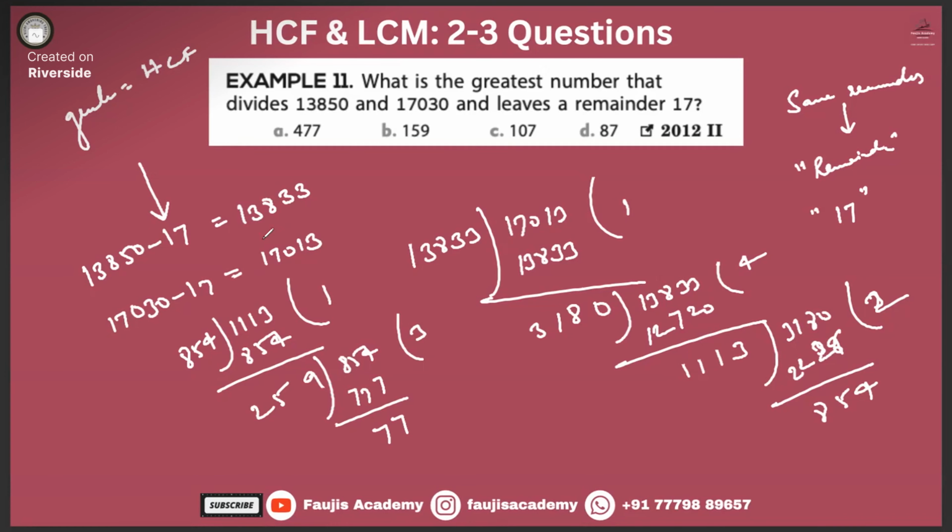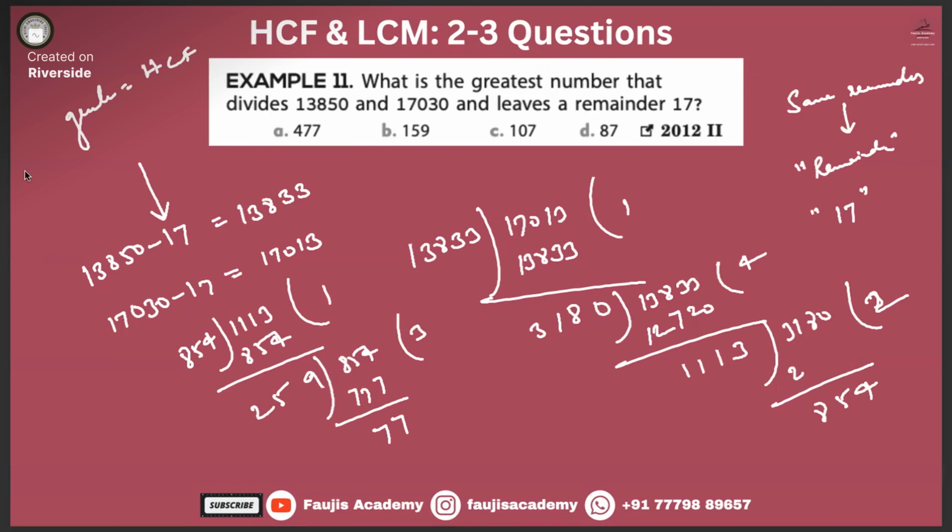Let me also check. 13833. Okay, one time 13833, 0808 and 3180. This one is 26. Yeah, can you please check once? This one is 26.